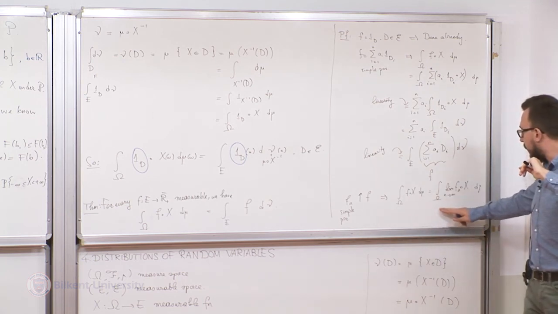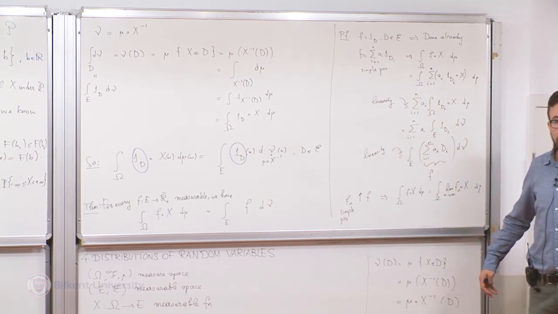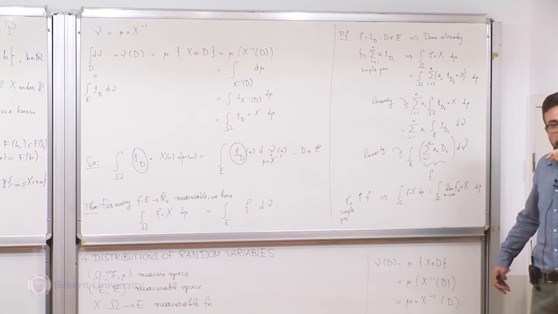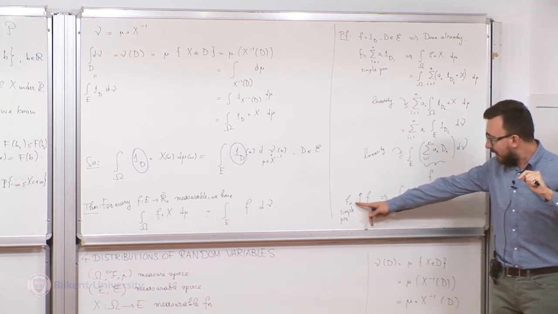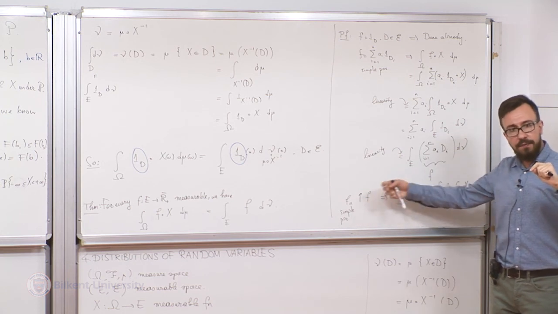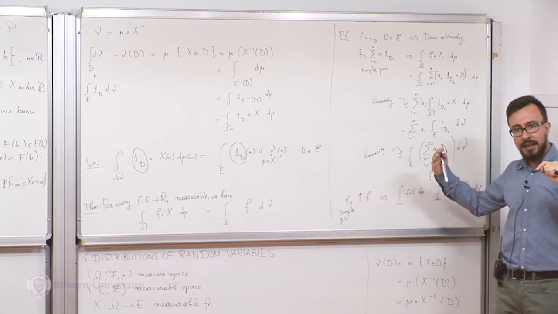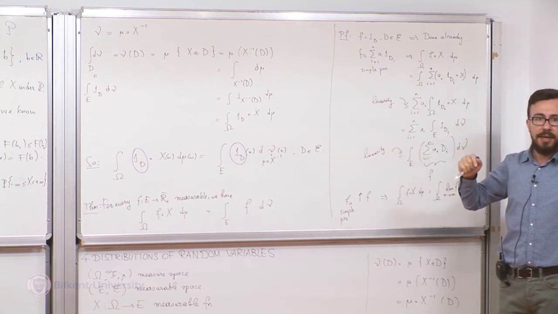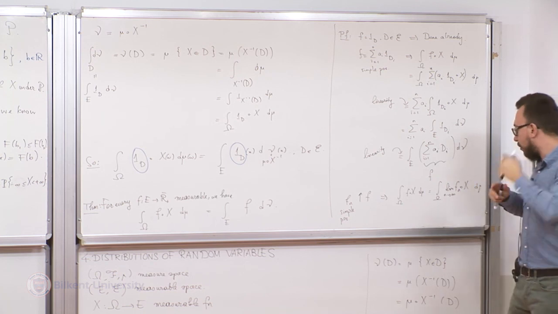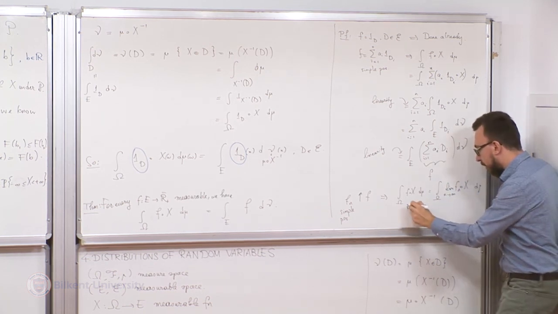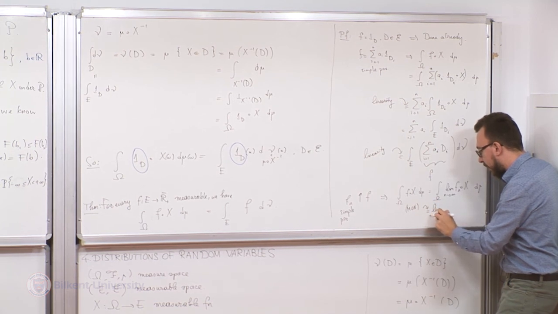Integral of limit equals limit of integrals. How can I say that? Yes, the monotone convergence theorem, because the f_n's are monotone increasing to f. Therefore, if you apply f_n to X and let n go to infinity, f_n of X will also form a monotone increasing sequence. So by MON, this is the limit of integrals.